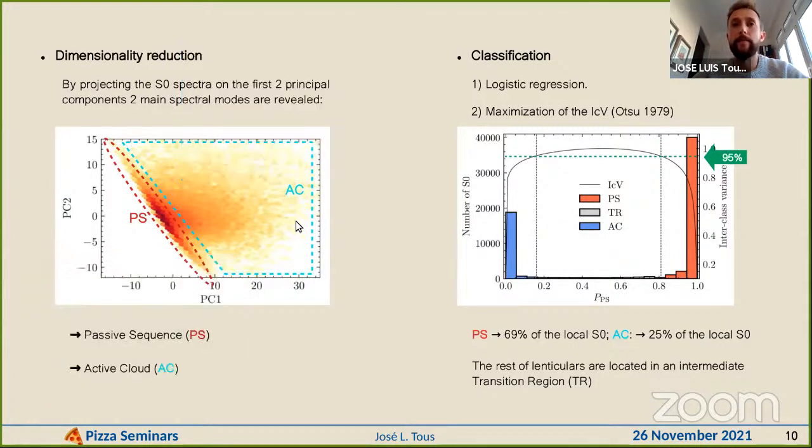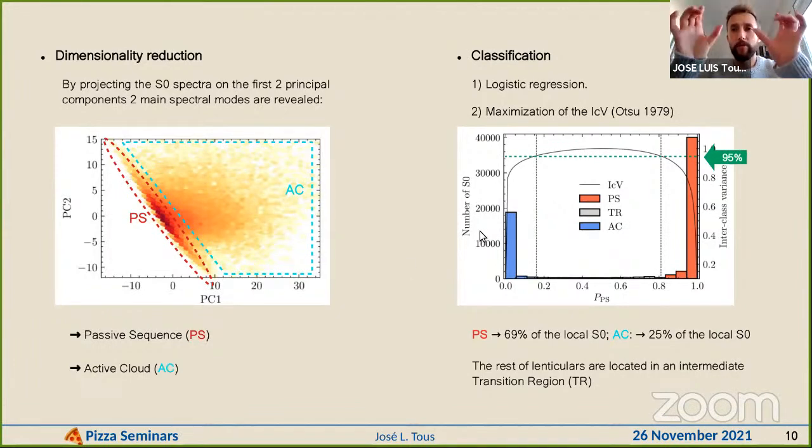So then we proceed to classify all the galaxies of our sample according to which of these 2 modes they belong to. And to do so, we use a combination of 2 algorithms. The first one is a logistic regression, which is basically a binary classifier, right, that yields this bimodal distribution of probabilities of belonging to the passive mode.